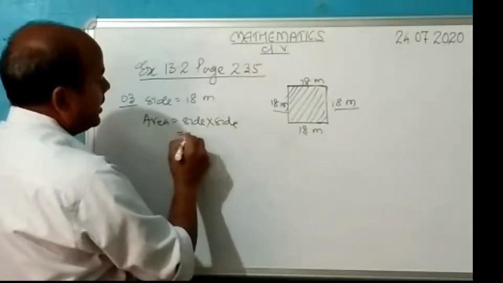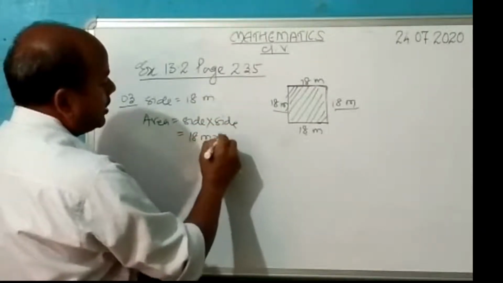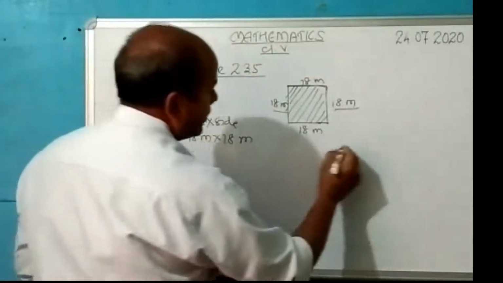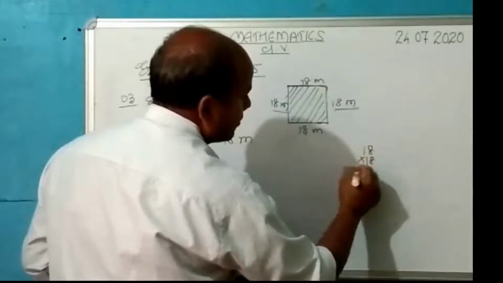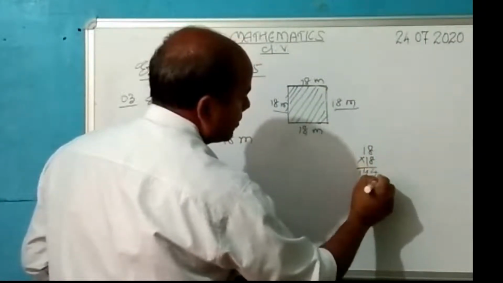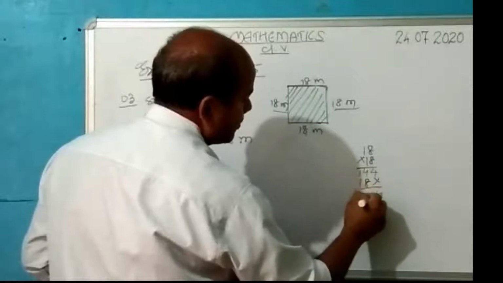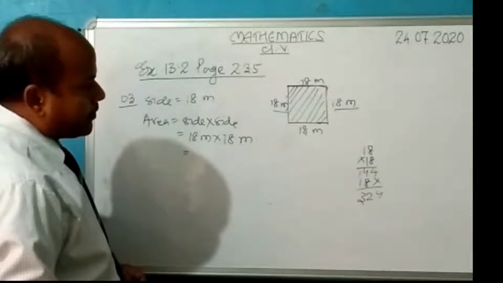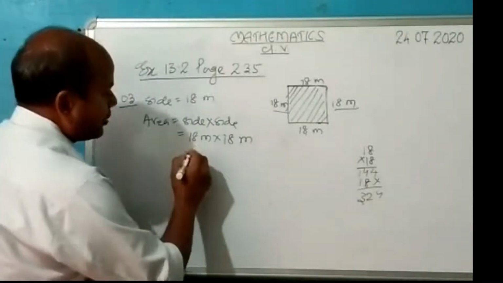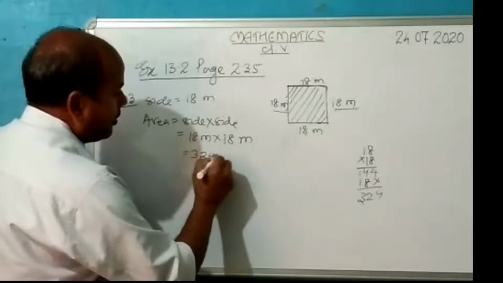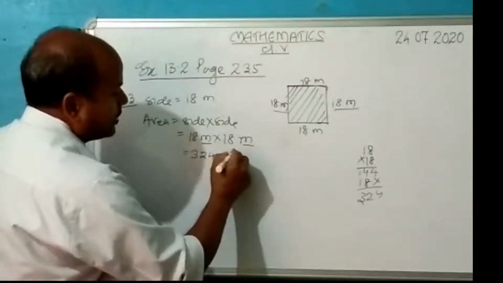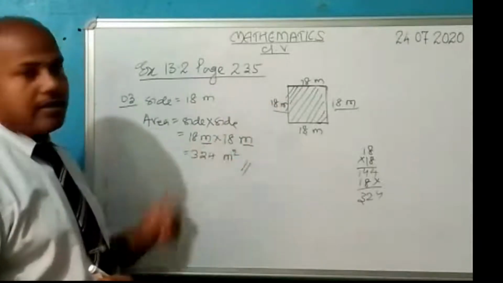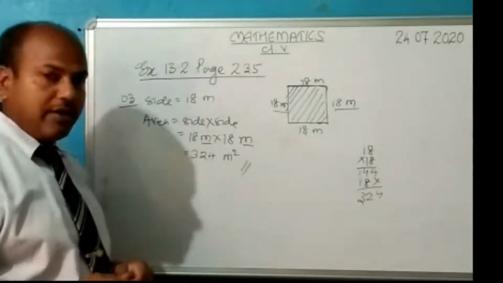So side into side means 18 meter into 18 meter, which is 18 into 18, 324. 324 meter into meter is square meter. Only this much is to be done. So this is the area of the square field that needs to be fertilized.